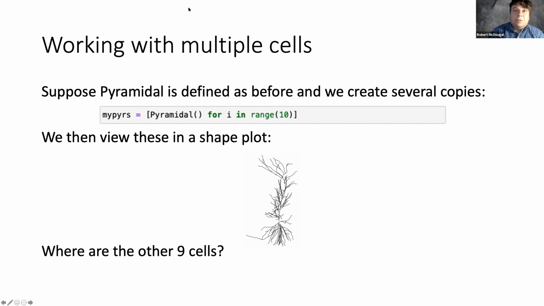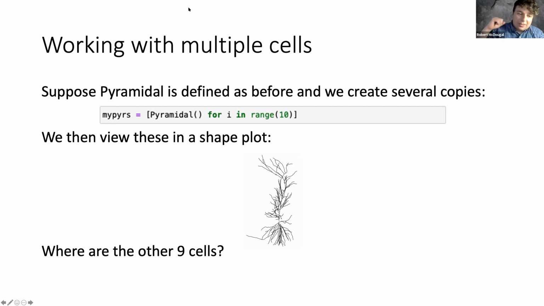All right, lots of things to think about. So just to go back to the morphologies directly and working with them in general within NEURON. Remember we said it was great to create a cell class, use those 2 extra lines of code to make these templates that we can just stamp out.